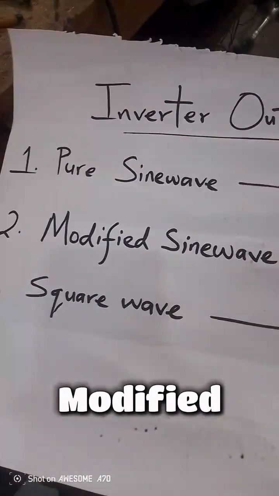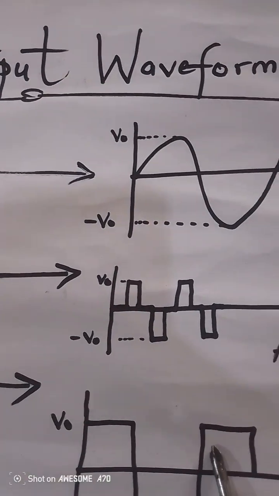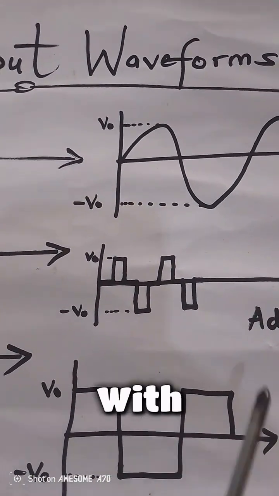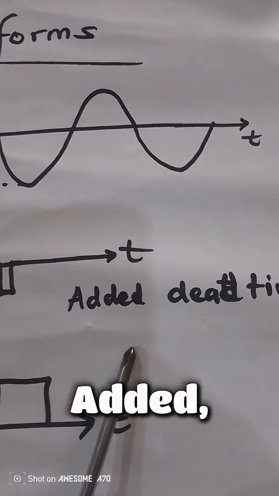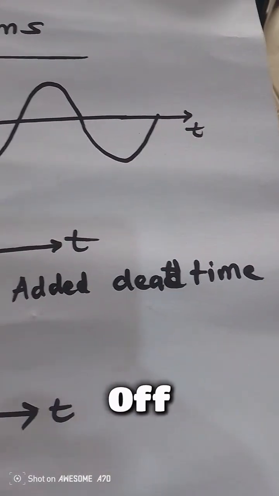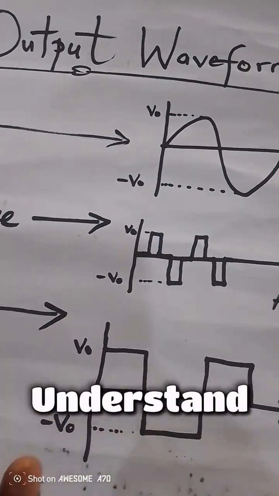Now, the next one I'll discuss is the modified sine wave. A modified sine wave is in design actually a square wave with the addition of a dead time. Dead time is a time off between the switching of two pulses. If you are a designer, you understand what I'm trying to say.